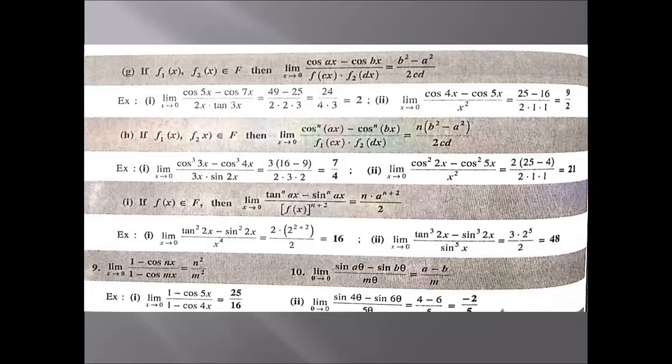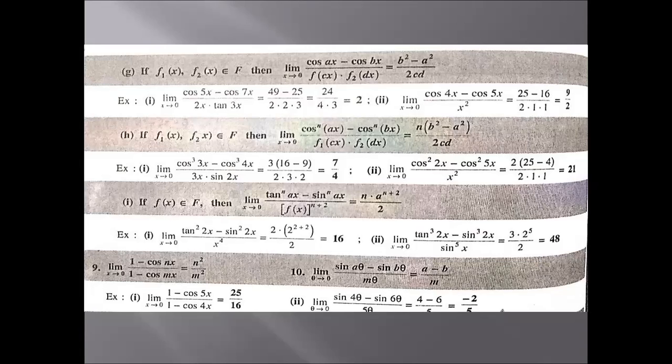If f1 of x, f2 of x belong to F, then limit x tending to 0 of cos ax minus cos bx divided by f1 of cx into f2 of dx, answer will be b square minus a square divided by 2cd.